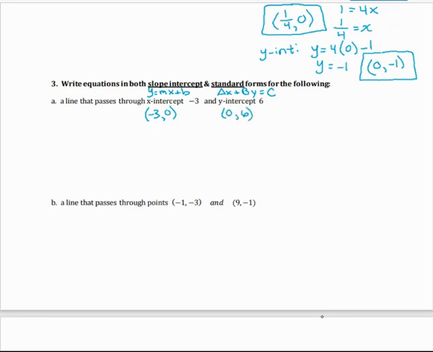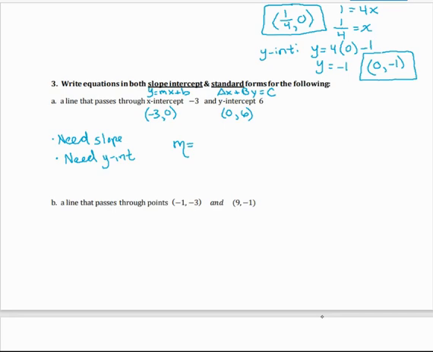If I'm writing in slope-intercept form, I need two things. I need the slope, and I need the y-intercept. The good news for this problem is I have the y-intercept, but I need to find the slope. To do that, I use my slope formula from the last set of notes.